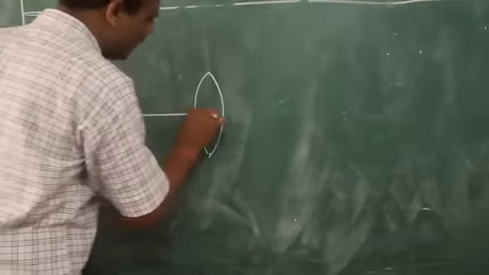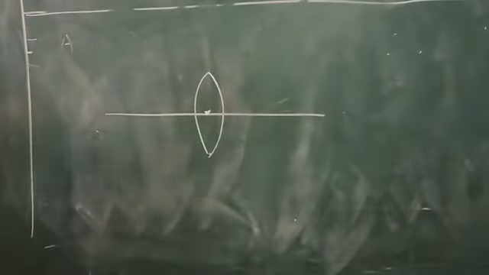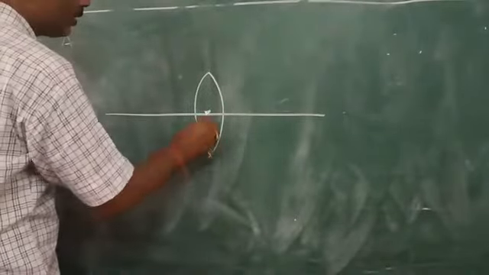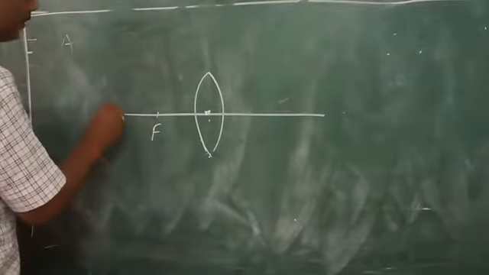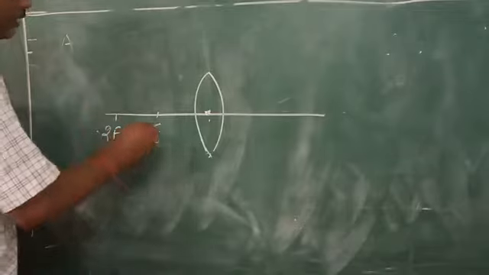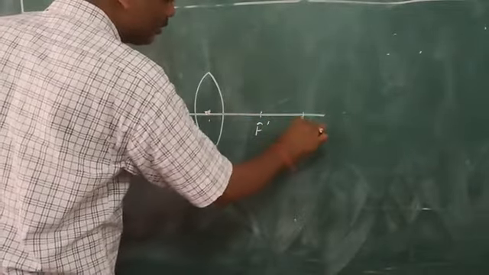So you are seeing here, this is optical center O and this is the first focus F, this is 2F, this is F dash and this is 2F dash.